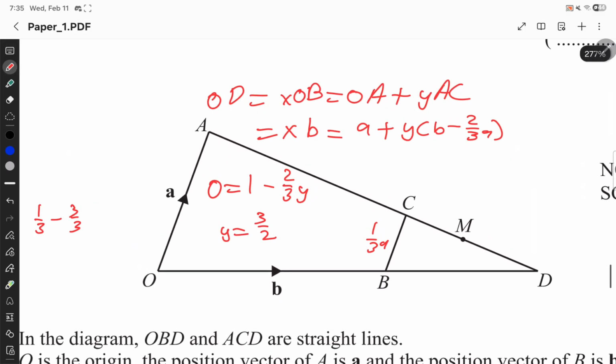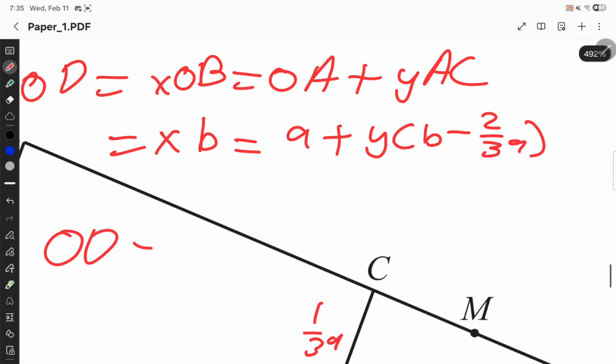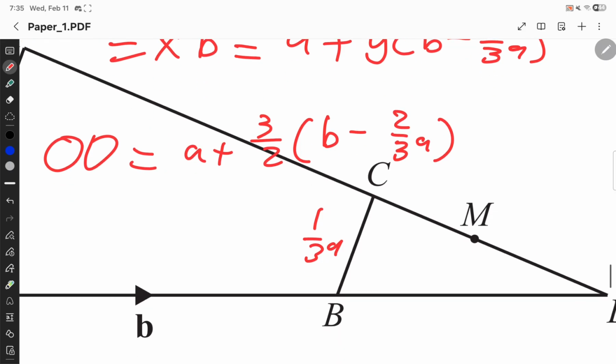So we know y, and we can put this in our original equation comfortably. OD is equal to a plus 3 over 2 b minus 2 over 3 a. Now this is a plus 3 over 2 b minus a. A minus a is 0.